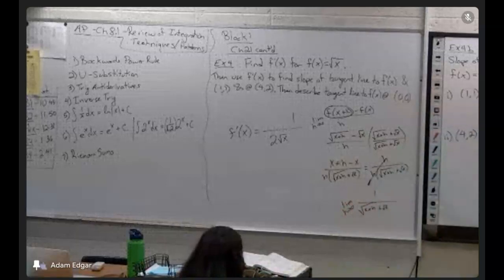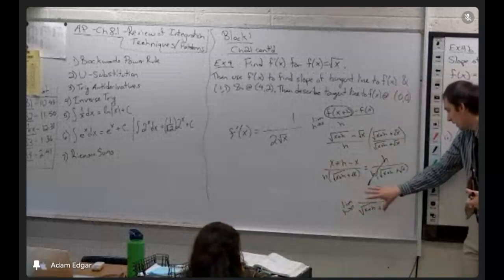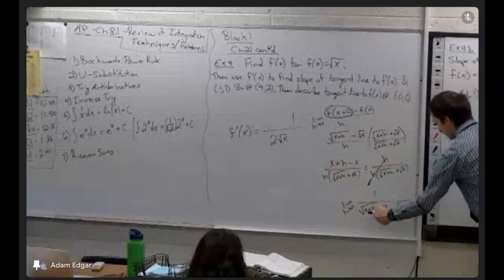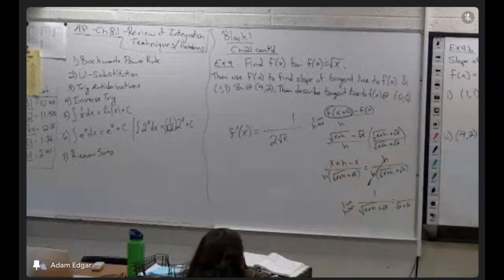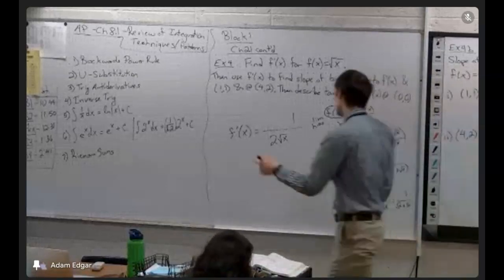And if you take h and let it be 0, what do you have in the denominator? Yeah, root x plus root x, because x plus 0 is just x inside that first radical. And root x plus root x is 2 root x.